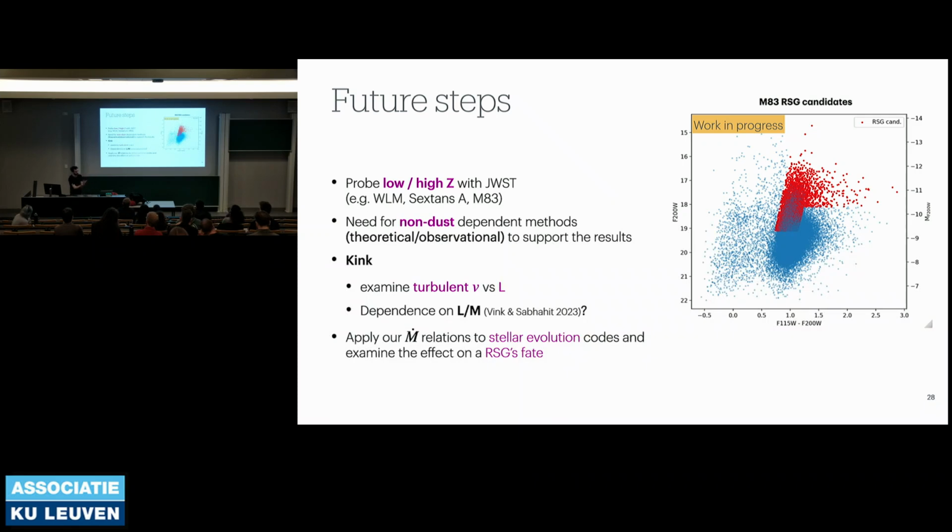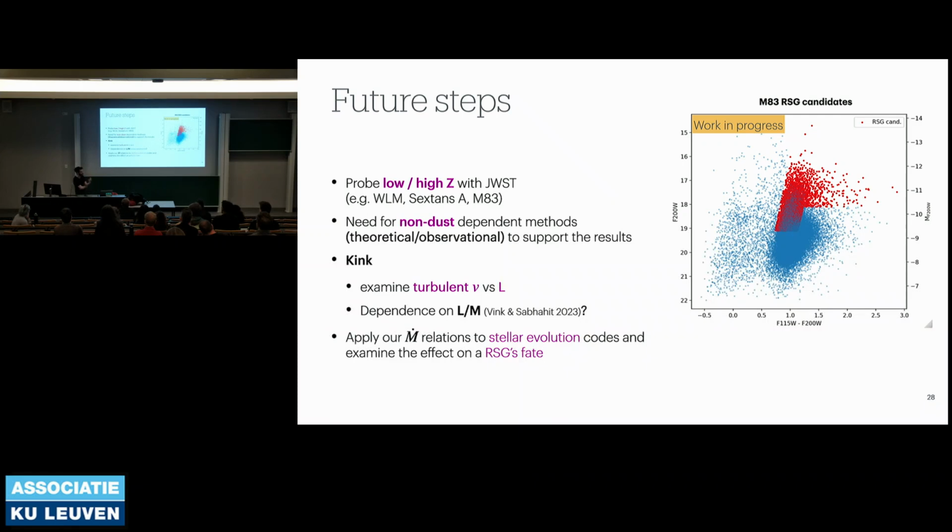So now, as future steps, to get more robust results, we can probe low and higher metallicities with JWST data in more distant galaxies. For example, very low metallicities at WLM or Sextans A, and supersolar metallicities at M83, which is currently what I'm doing at ESA.